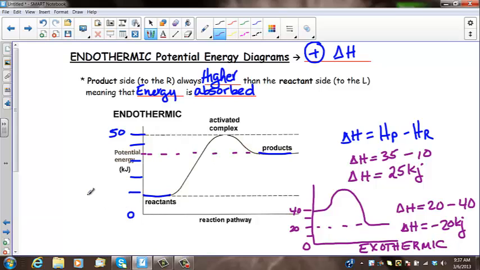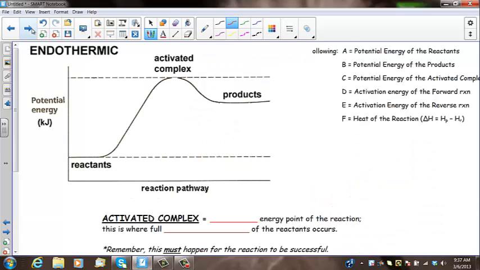Okay. Now they want us to label a bunch of things on this diagram. I'm going to label them on this one. It's the same diagram that you just had. They want us to label the potential energy of the reactants. So I'm going to draw arrows corresponding to the letter.